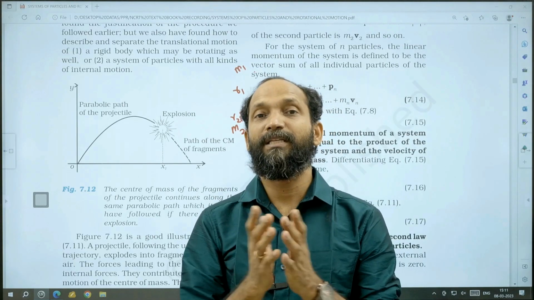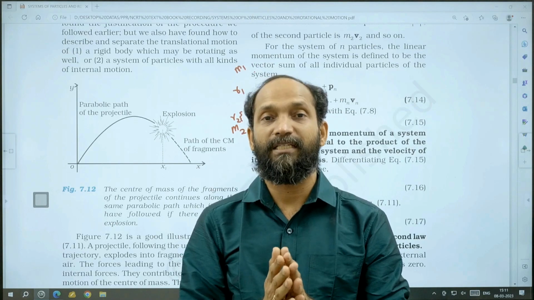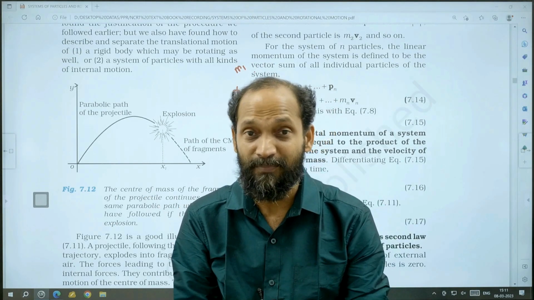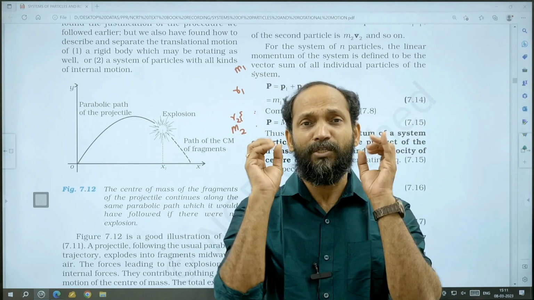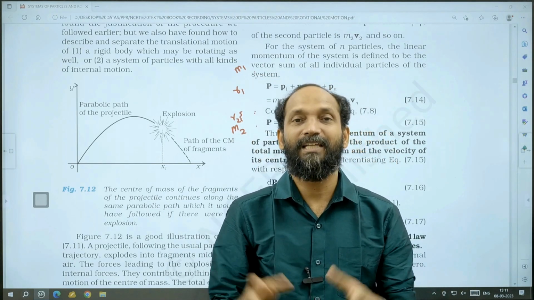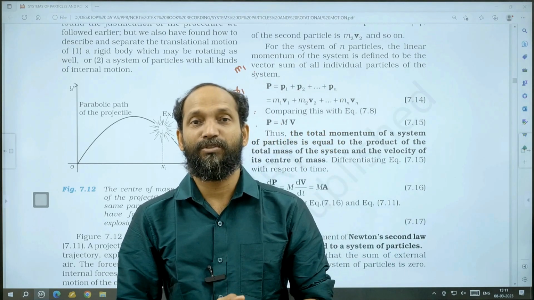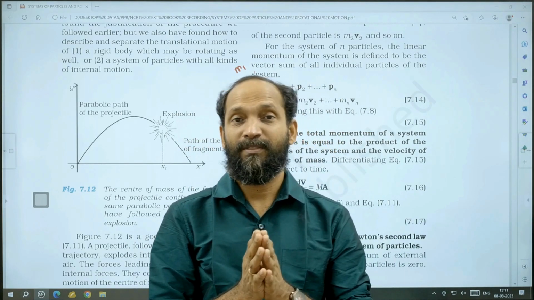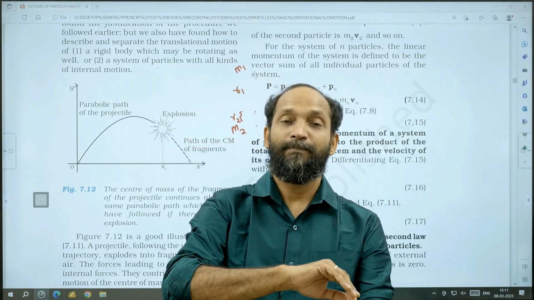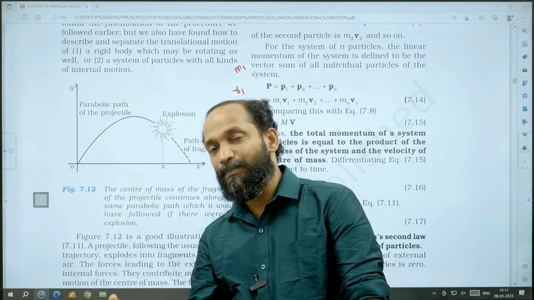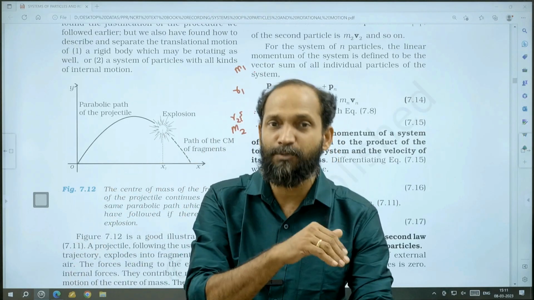The fragments will move in such a manner that the explosion will not affect the center of mass. The center of mass will not know that the explosion has happened. That's why the center of mass would follow the same path as if it had not exploded.